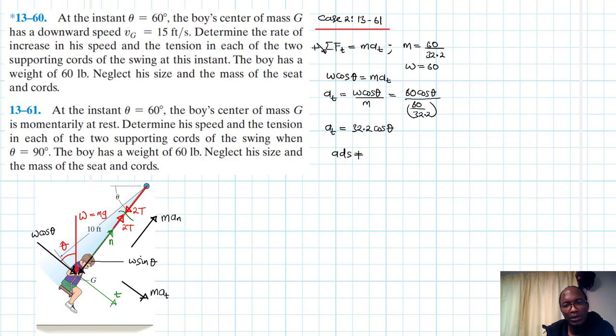Alright, so let's use this kinematic equation: a ds is equal to v dv. Remember this. It comes from the two equations, v equals ds/dt and a equals dv/dt, making dt the subject of the formula, and then we come up with this equation. But when you look at this equation, our acceleration is in terms of theta, therefore we need to integrate this left side with respect to theta.